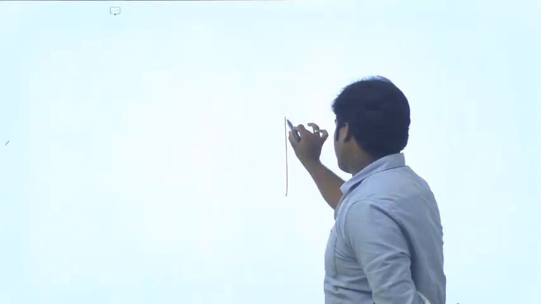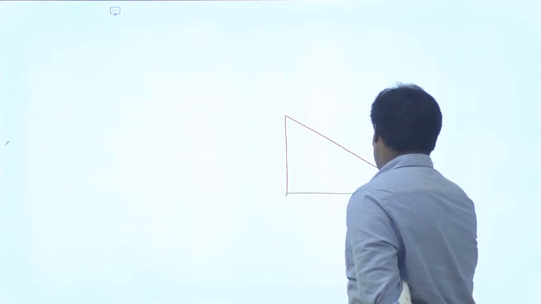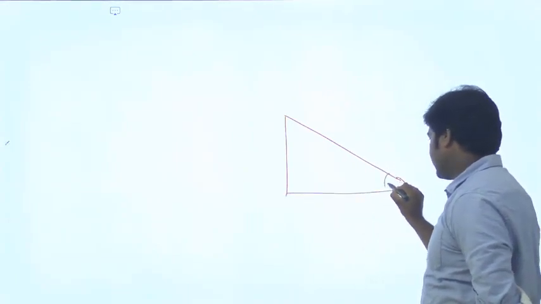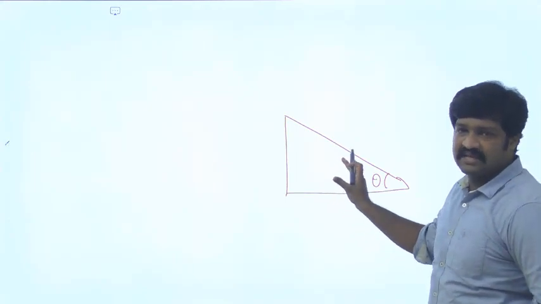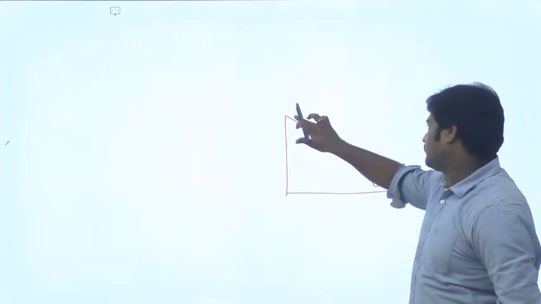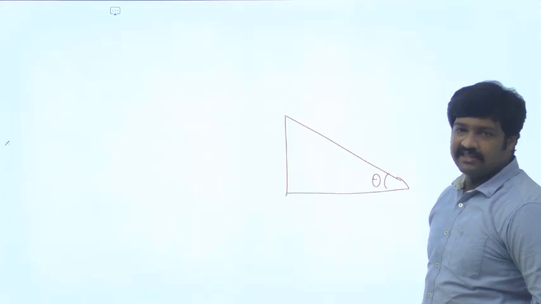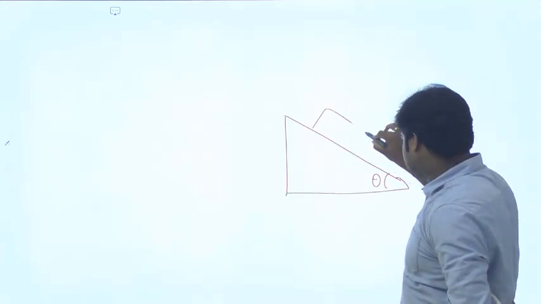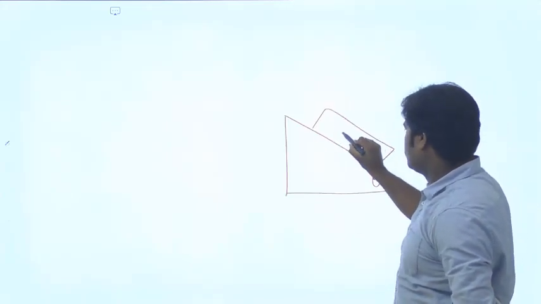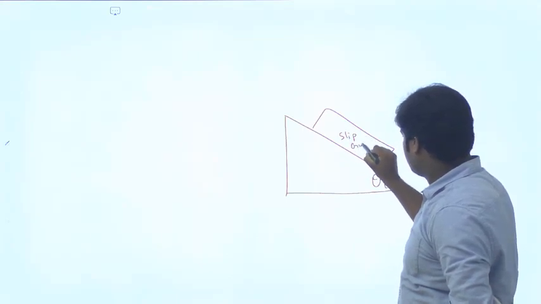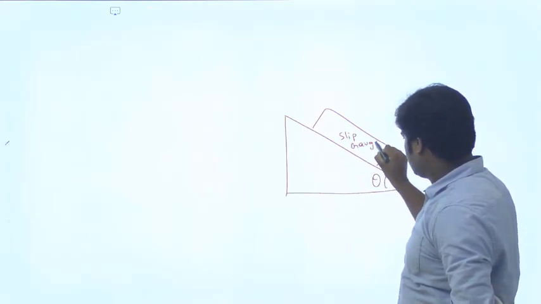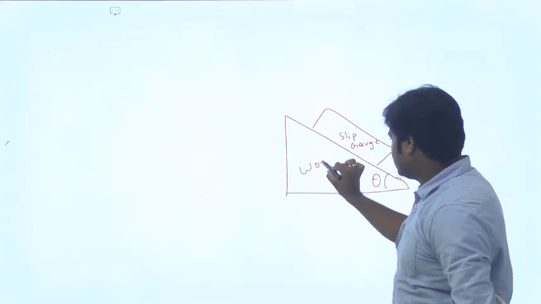if we consider a component, now this is making an angle theta. If this surface is not reflecting, meaning it has a dull surface, then we will place a slip gauge. This one is called the slip gauge, and this is our workpiece.